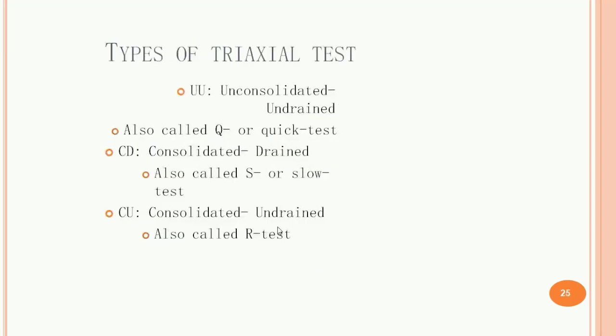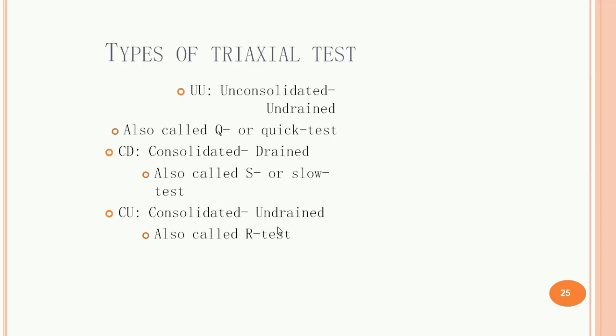Then these are the types of triaxial test. First is unconsolidated undrained, denoted by UU. It is also denoted by Q, or known as the quick test. The second type is consolidated drained, denoted by CD, also denoted by S, or known as the slow test.